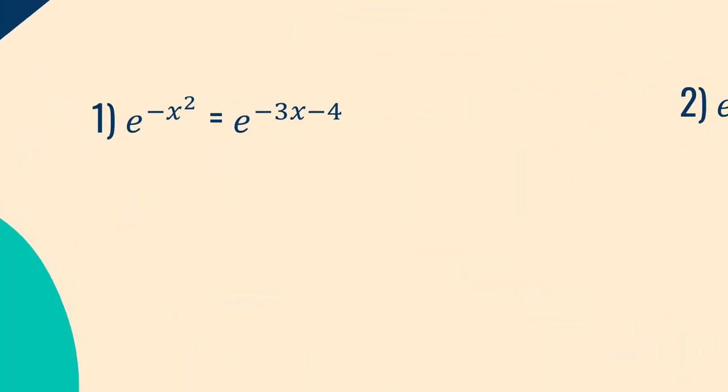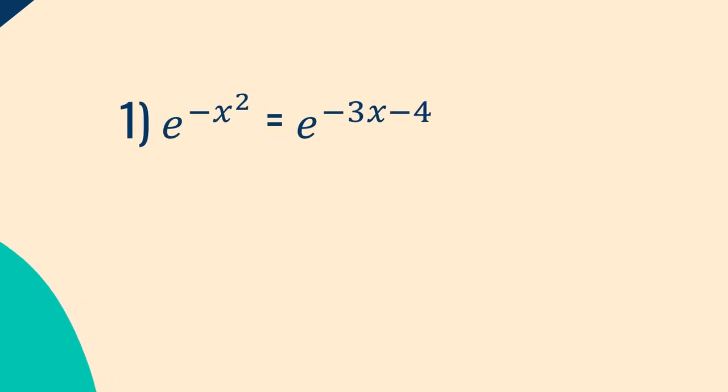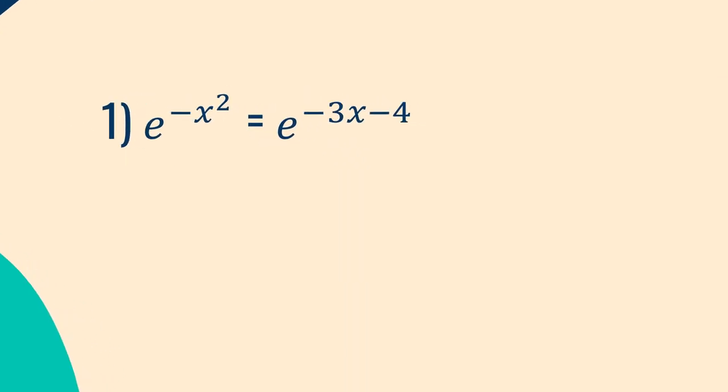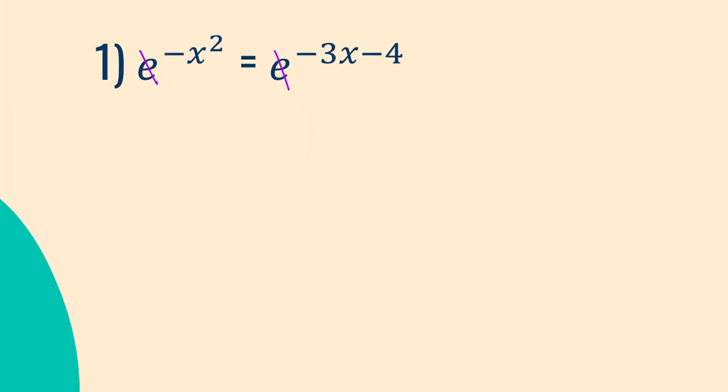All right, let's look at example number 1. We've done something like this. What do I have to do with my bases? Because I have the same base, I'm just going to cancel out those bases. And because I canceled out those bases, I'm going to have negative x squared equals negative 3x minus 4.